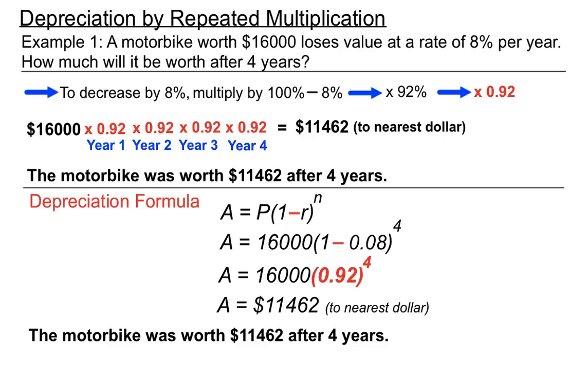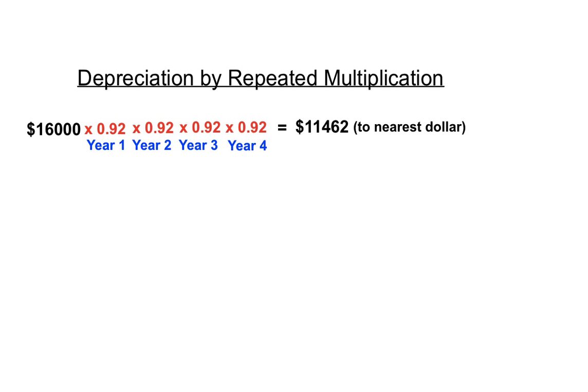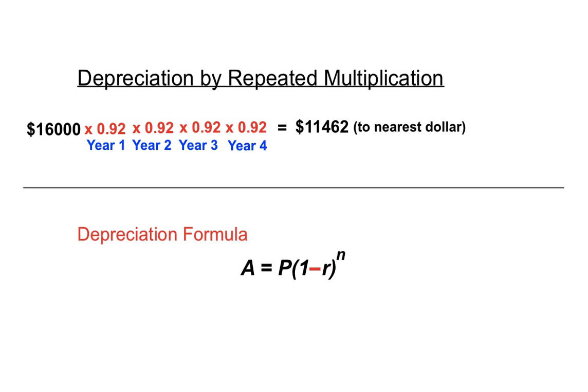So that's how depreciation works, either by repeated multiplication or the depreciation formula. We can multiply by a decimal that will reduce it by a certain percent each year, or we can use the formula for a bit of a shortcut if we want to.